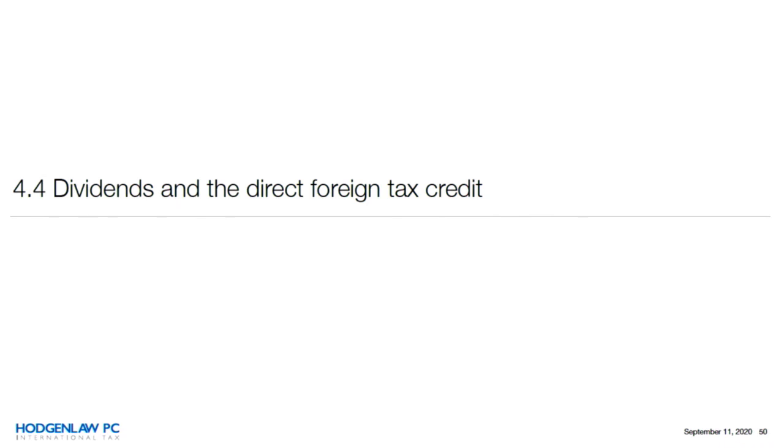But I'm going to give you an example now where I think that if you have a U.S. individual shareholder living in a foreign country that has a robust personal income tax system, tax rates roughly equivalent to U.S. tax rates, I think net, the 962 election is going to make a lot of sense. So this is going to be your default starting assumption if you have somebody living in a high tax country.